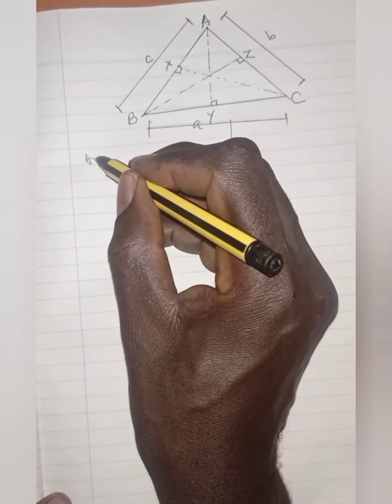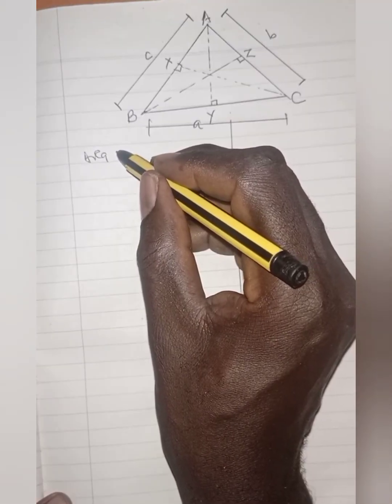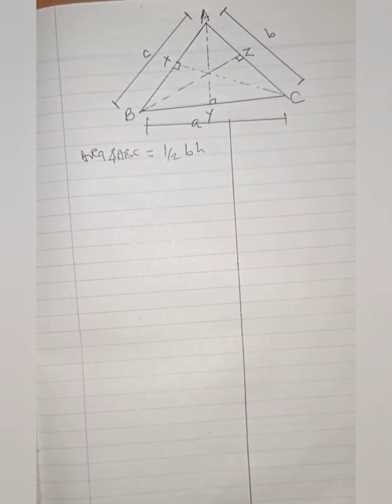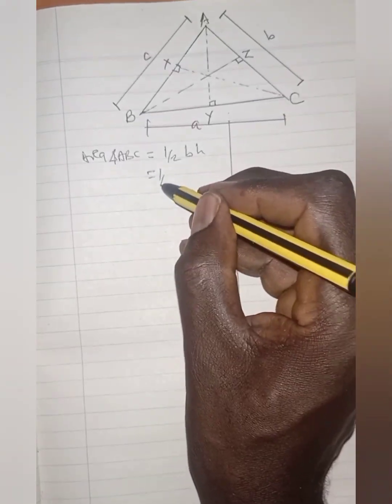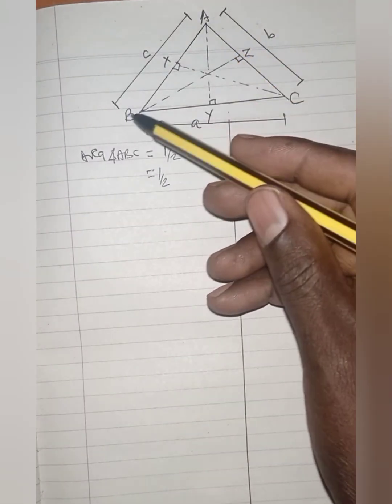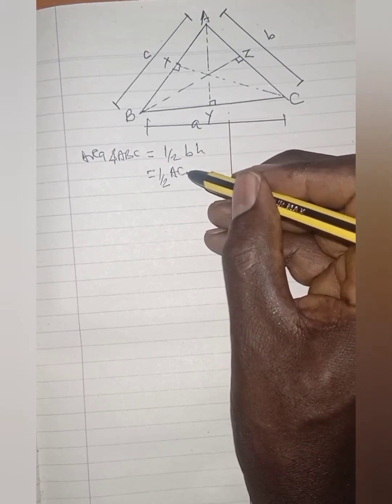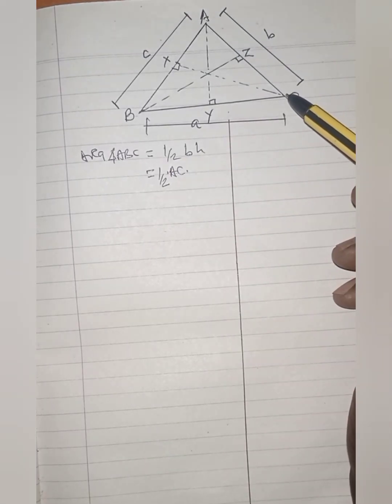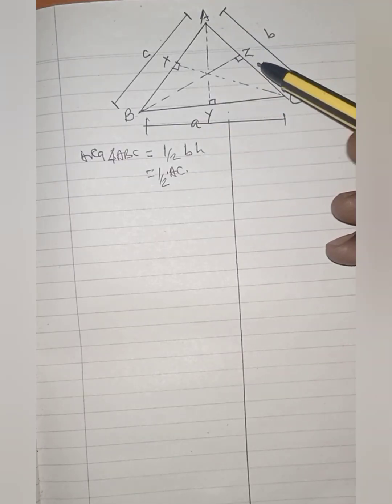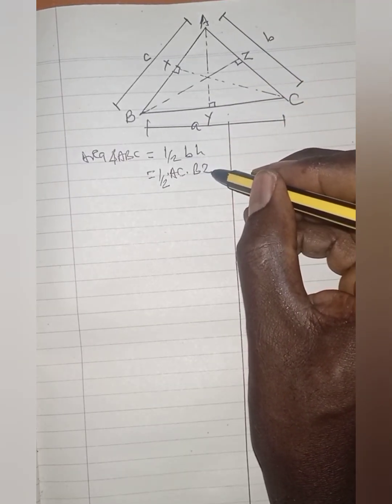Now let's say area. We know area of triangle ABC is equal to a half base times height. Now we have a half. Let's use the base as AC, and this means we shall multiply with the height BZ. These are the base, the height will be BZ.